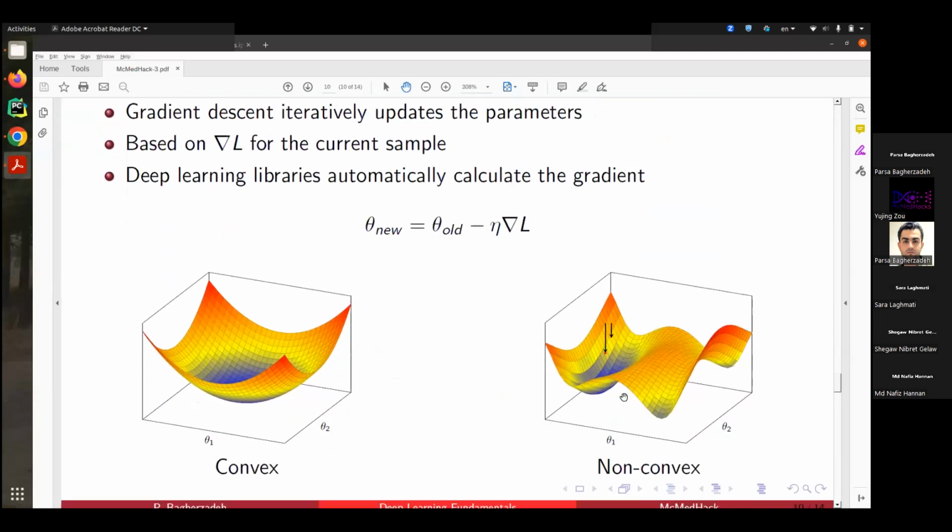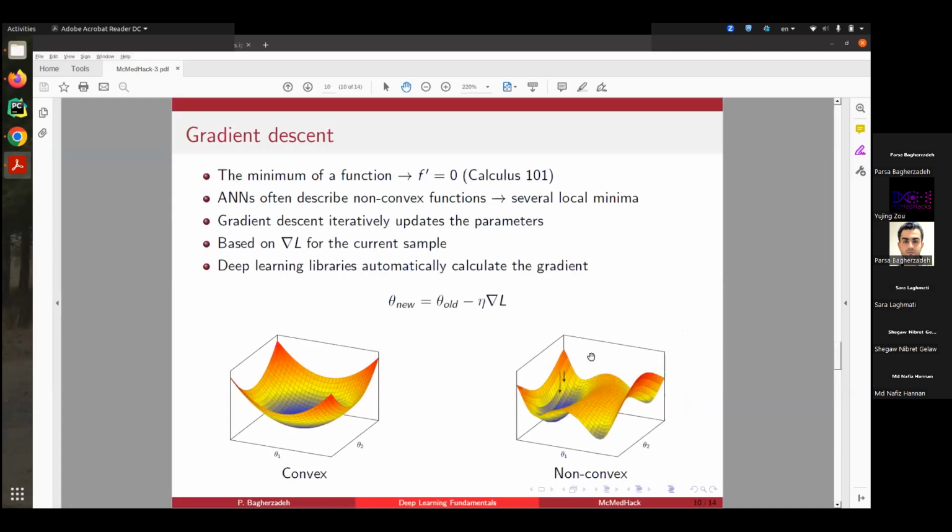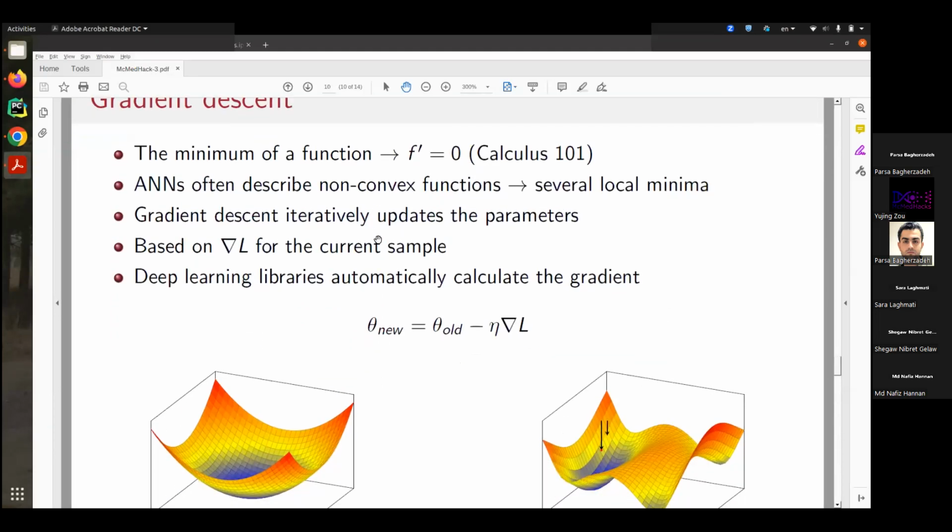Initially, when we are starting the training process, our loss is somewhere here, depending on the value of the learning parameters. But we need to find another value for the parameters such that our loss would be reduced. To do this, we use the gradient.